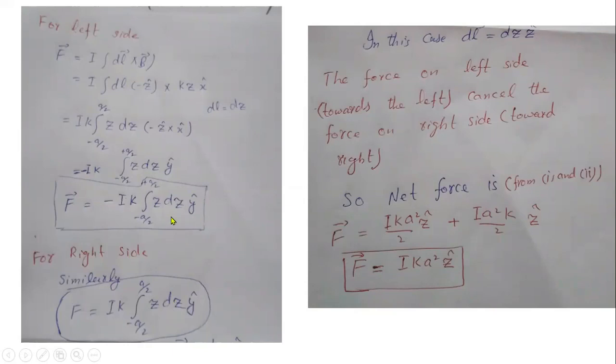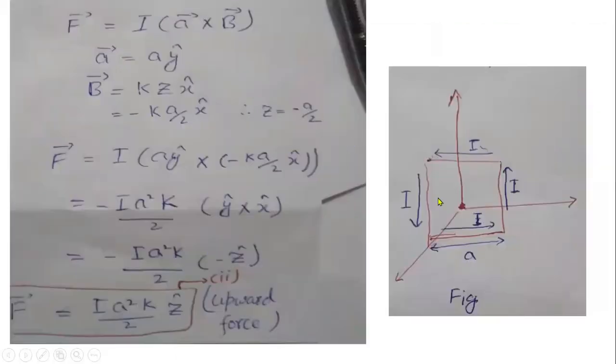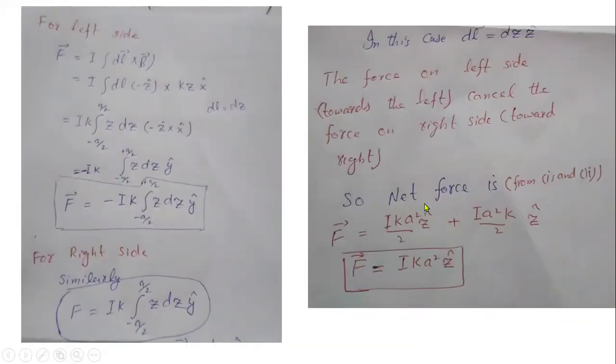So you can see the forces are same in magnitude, but they have negative signs, opposite to each other. So forces acting on the left hand side and right hand side are opposite to each other, so they will be cancelled out.